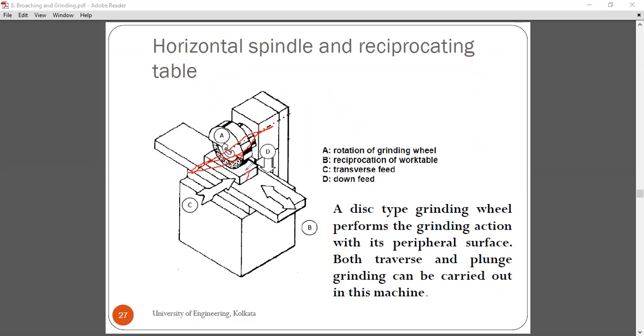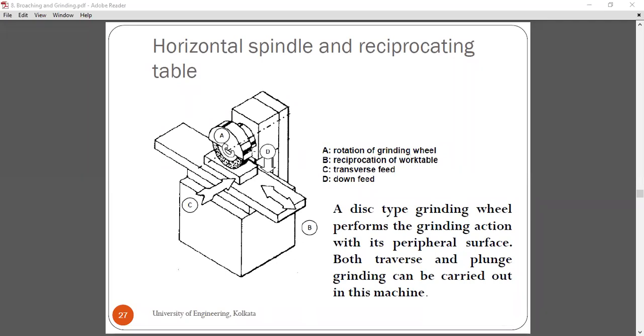So this is the workpiece, and the workpiece reciprocates, and the surface comes in contact with the grinding wheel, and material is removed from the surface. So this is what happens in the case of a horizontal spindle and reciprocating table.